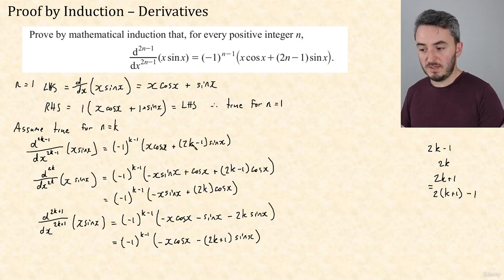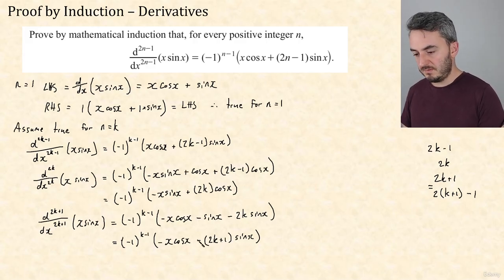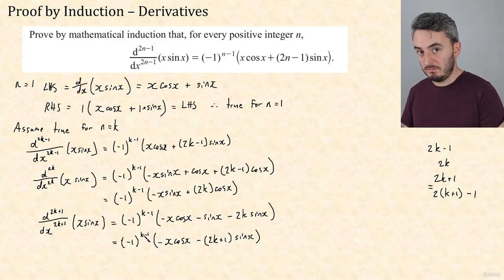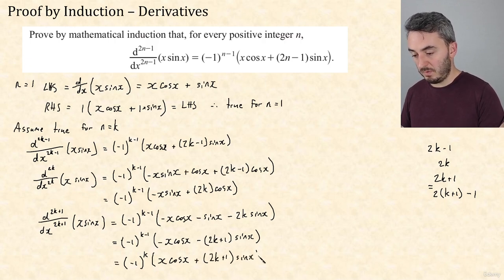I would have 2 times k plus 1, so 2k plus 2 minus 1, that is 2k plus 1, but I don't want negatives here and here. But look, if I replace the k minus 1 with k, which is replacing the k with k plus 1, I effectively multiply through by minus 1. So let's just multiply this by minus 1, giving me k there, then multiply the inside by minus 1, giving me x cos x plus 2k plus 1 sine x. And that's what we wanted.